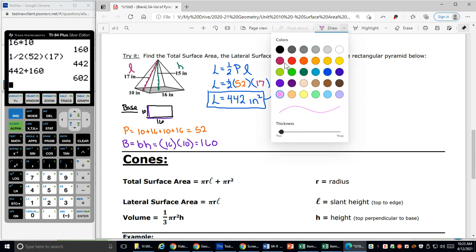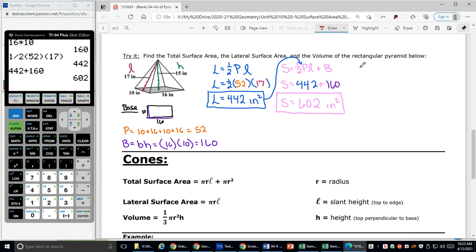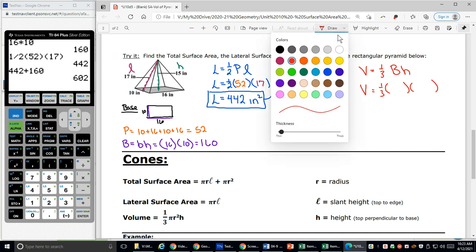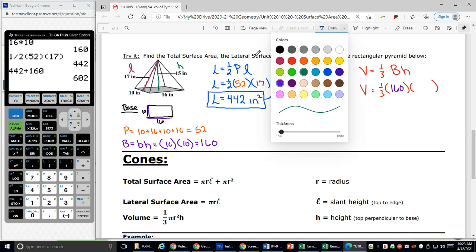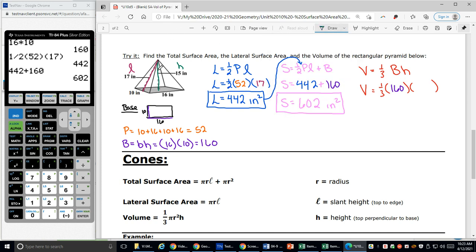Volume. Last but not least, volume. My volume is 1/3 base times height, capital B, little h. My volume is 1/3 my base. We already found the base. The base is 160. The height, that's the h, the chandelier height, the falling straight down height, that is 15.